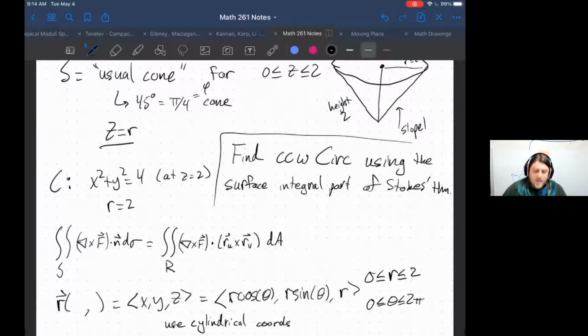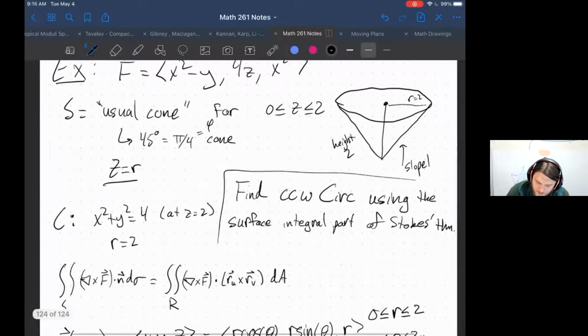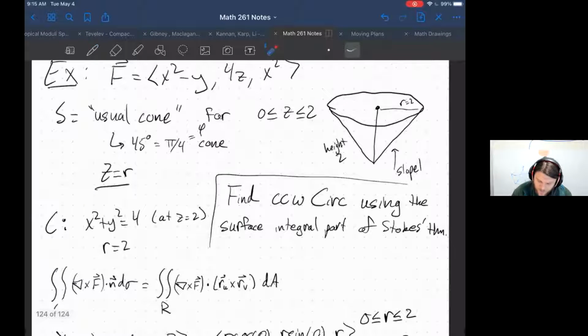Yeah, so why again does z equal r? There are a few reasons why we could get z is equal to r. One, it could be given to you in the problem.